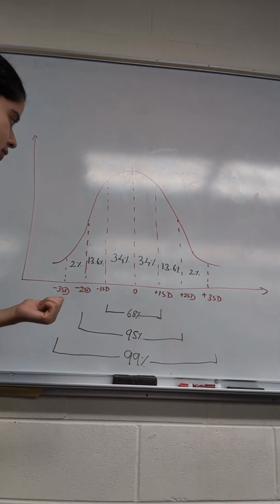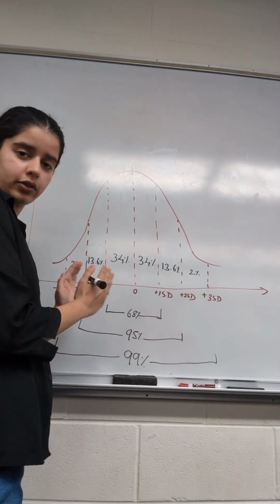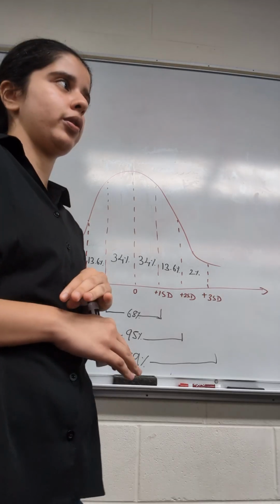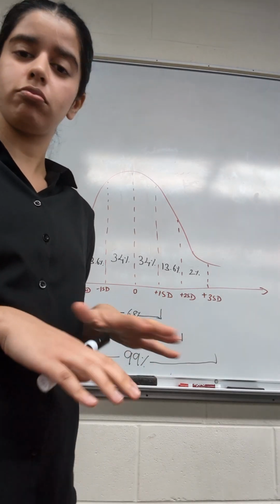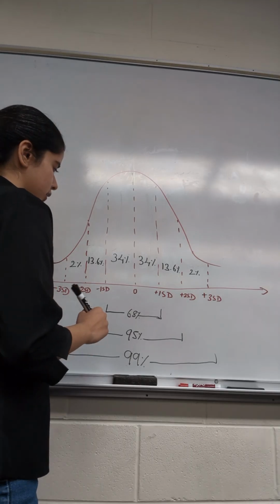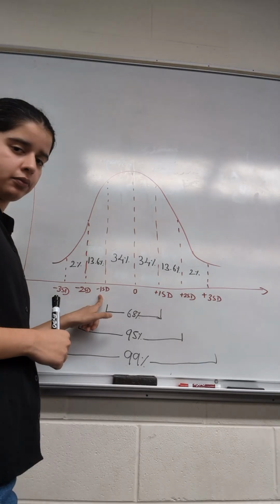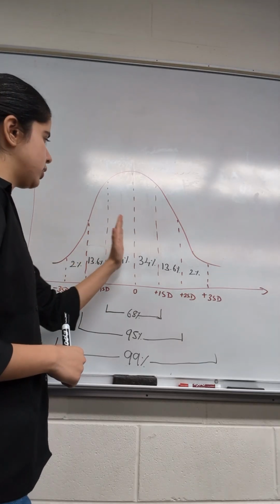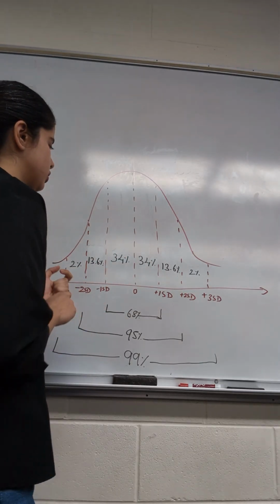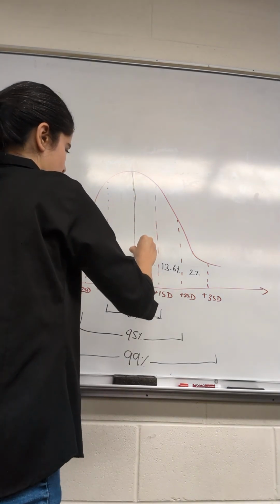So what this means is that the areas of the curve can be attributed values, and that's true. So let's talk about these values. A standard deviation, all of these lines denote standard deviation, and this is the center of the curve, which is the average.